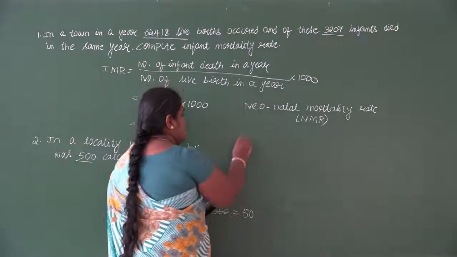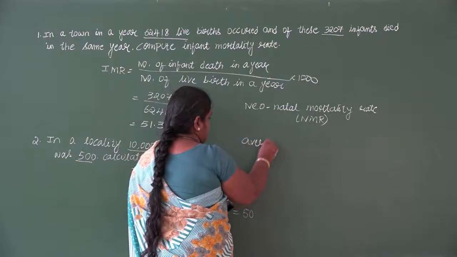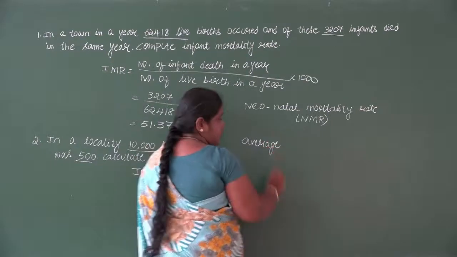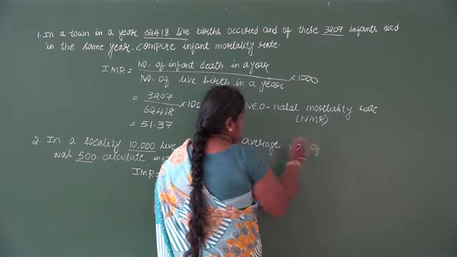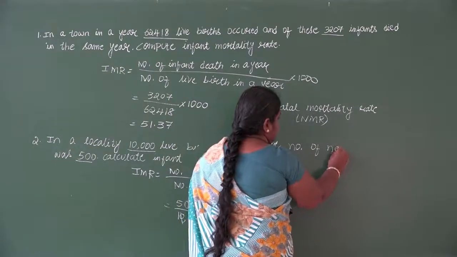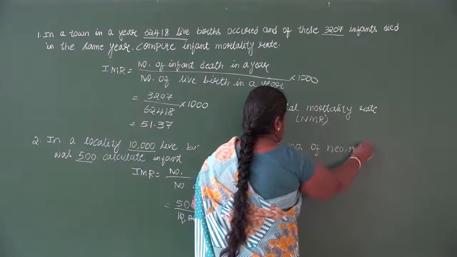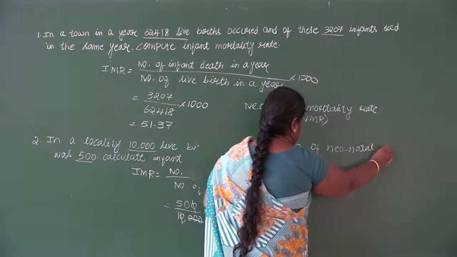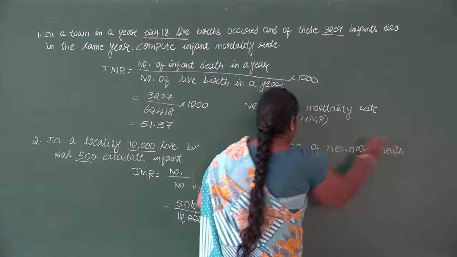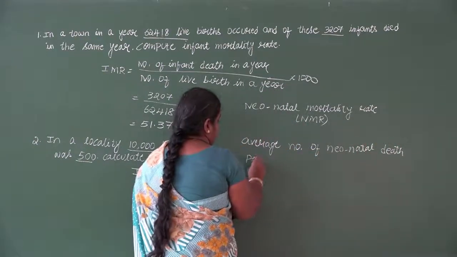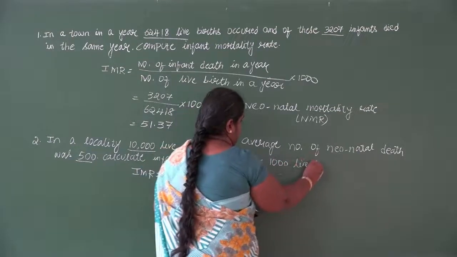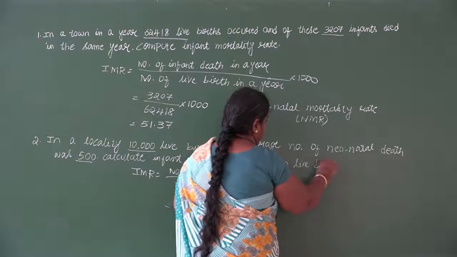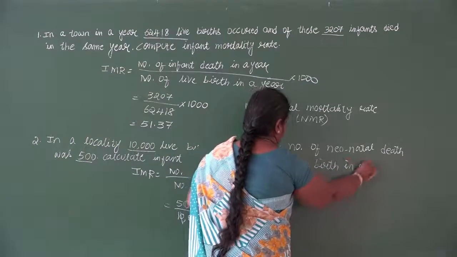Average number of infant deaths per 1,000 live births in a year. Here we'll take it as the average number of neonatal deaths, so instead of infant deaths we take neonatal deaths, per 1,000 live births in a year.